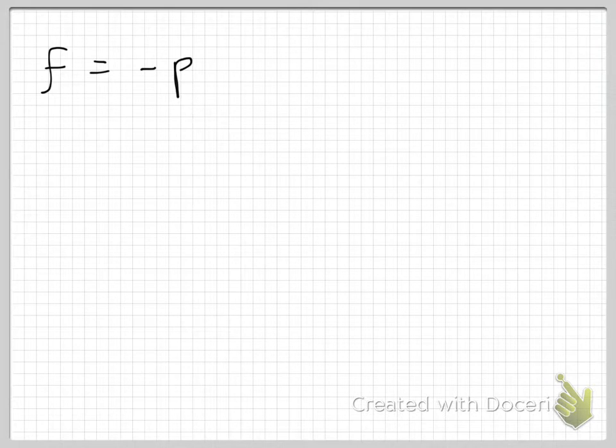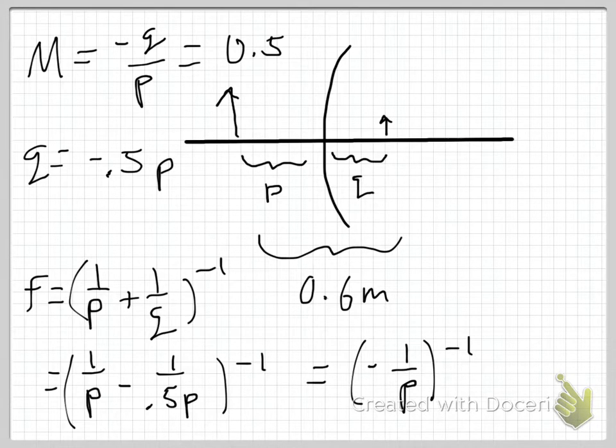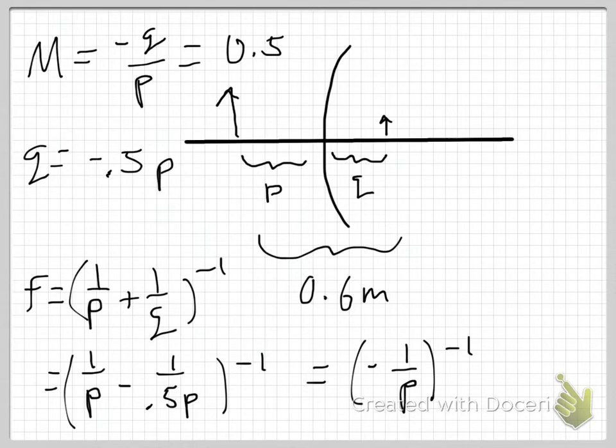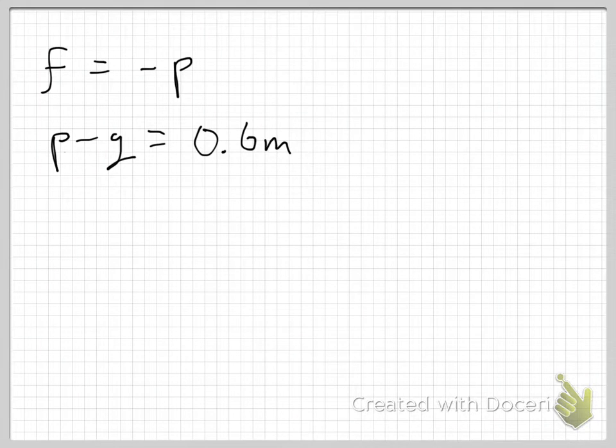Let me go back. I also have a relationship between p and q. I've got sign conventions to worry about here because q is on the inside of the mirror. So I've got to remember that q is negative. So what I have here now is that p minus q is equal to 0.6 meters. It's minus now because of a sign convention. Q is on the inside of the mirror. Okay, so what I can do at that point, I can resubstitute in my q value for p.